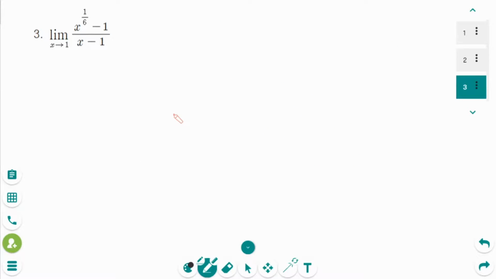This is the next question. This question is also in the 0 over 0 form. So let x to the power of 1 over 6 be a. Then raise each side to the 6th power.